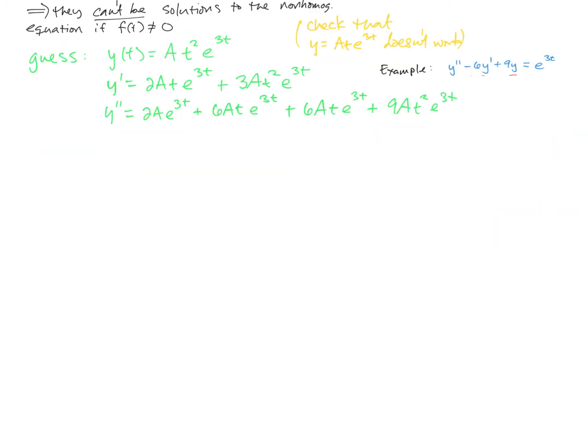Hopefully I'm doing all this right. Okay, so we need to plug this in, so I needed to remind myself what the equation looks like. So I drag that down here, and let's plug in.